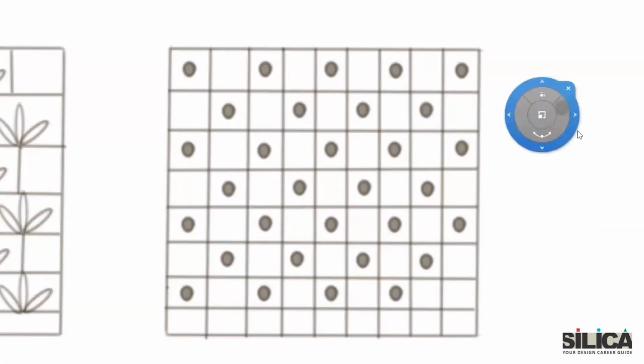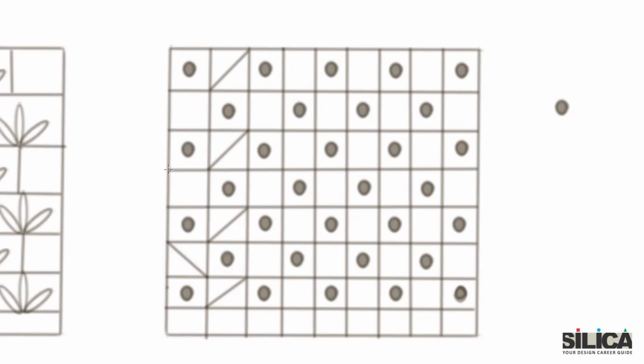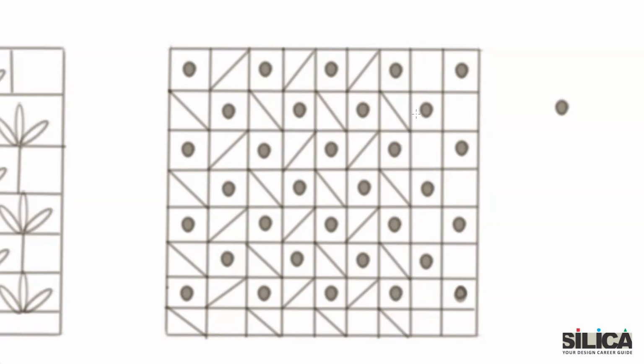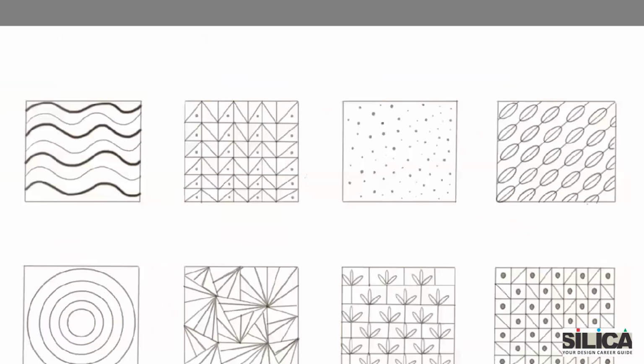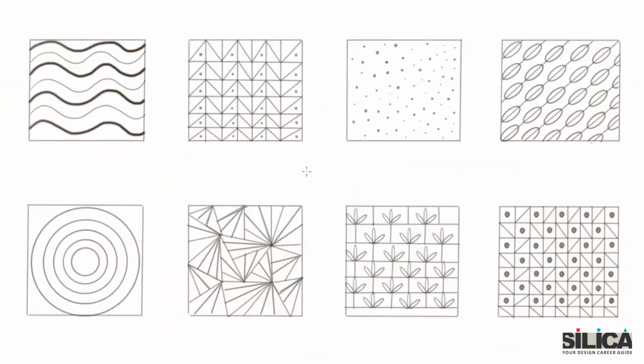And to make this pattern more interesting, I'm going to add a diagonal line in the remaining boxes. So just imagine, by using a dot and line, you can create so many variations in pattern. And just imagine, when you use shape, you can definitely create your own amazing patterns.